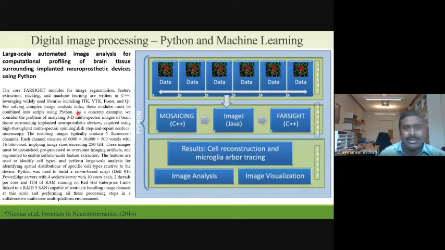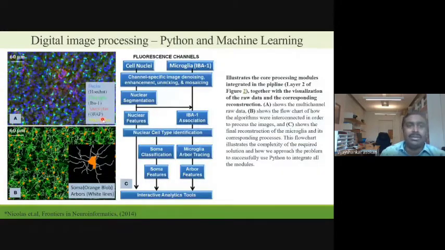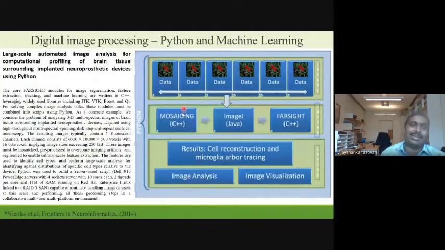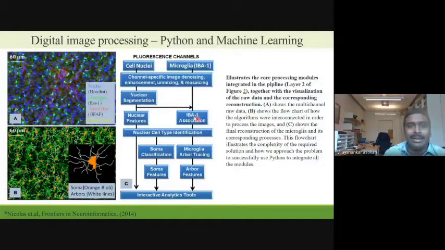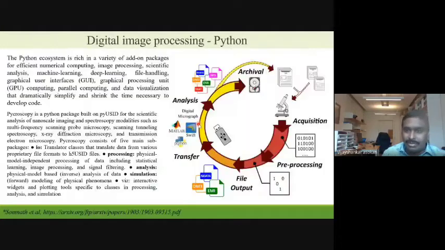So these are the steps now followed using advanced methods. For example, here the cell nuclei and microglia go through similar image processing techniques. Those specific images can be enhanced, unmixed and mosaiced. Then the nuclear segmentation can be done, and the nuclear cell type identification. So these are the data which are already derived from these techniques.